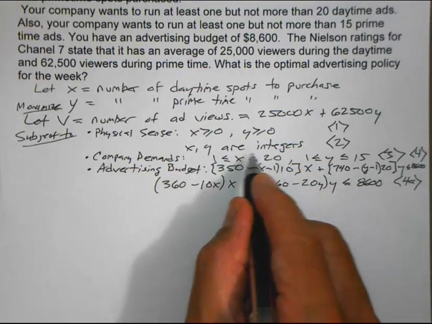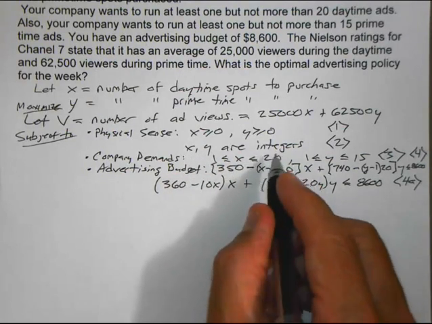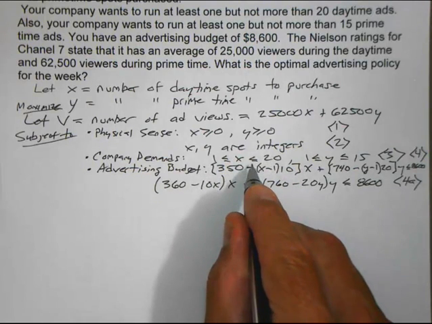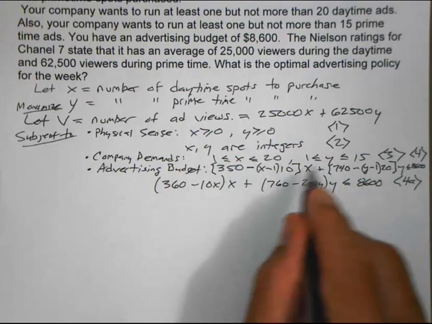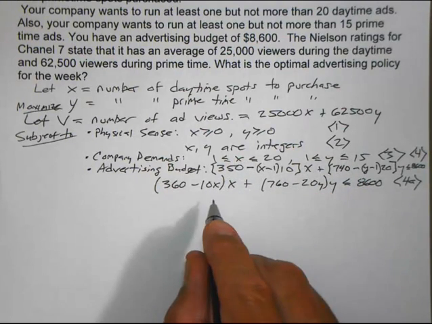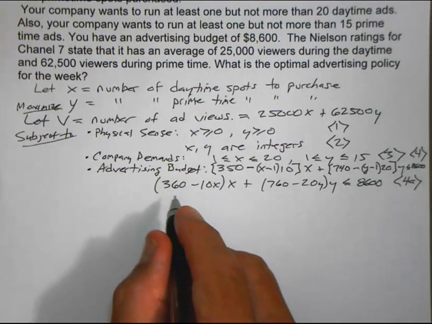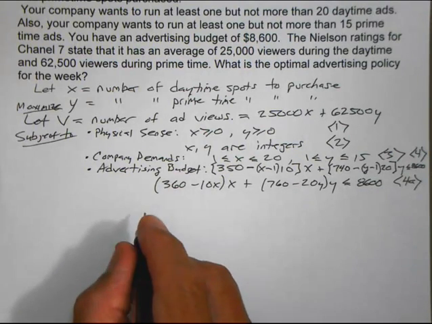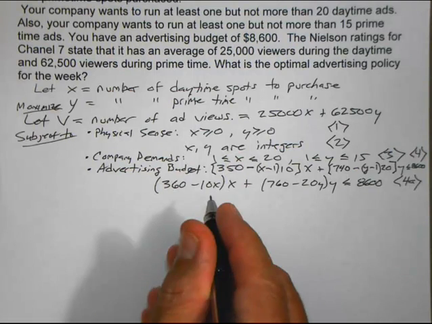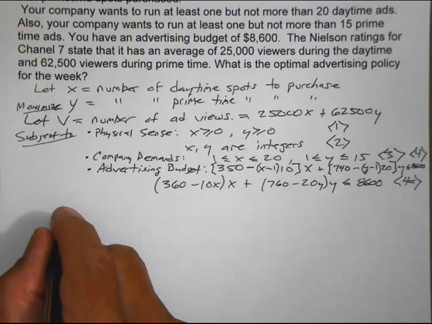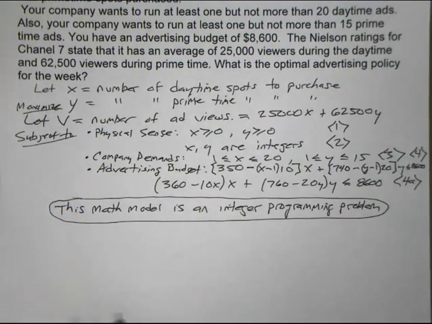This is going to put us into the integer programming realm, and then these other restrictions are linear, and here's a non-linear constraint. So we are surely out of the realm of linear programming as even a possibility to attempt this question. So it looks like we have the claim that this math model is an integer programming problem. So that we've written it here.